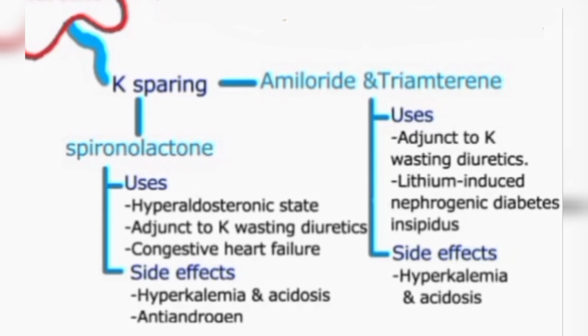Spironolactone is used in hyperaldosteronic states, and it can be used as an adjunct to potassium-wasting diuretics and in treatment of congestive heart failure. The side effects are hyperkalemia, acidosis, and anti-androgenic effects. Amiloride and triamterene are used as adjuncts to potassium-wasting diuretics and in lithium-induced nephrogenic diabetes insipidus. The side effects are hyperkalemia and acidosis.